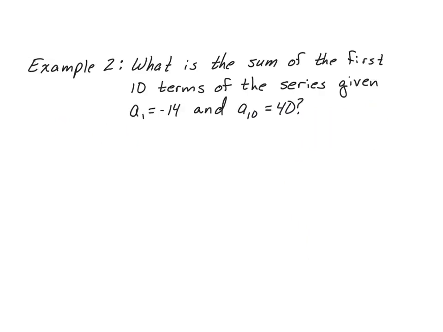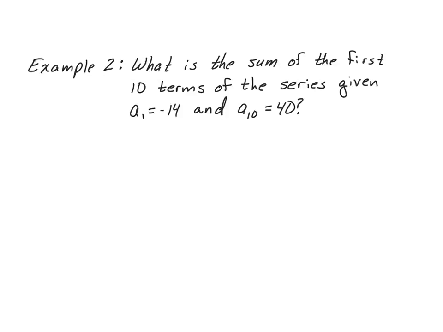All right, so let's look at the next problem. It says, what is the sum of the first 10 terms of the series given by a sub 1 is negative 14 and a sub 10 is 40? All right, so we just want to know, what are all these terms going to add up to?